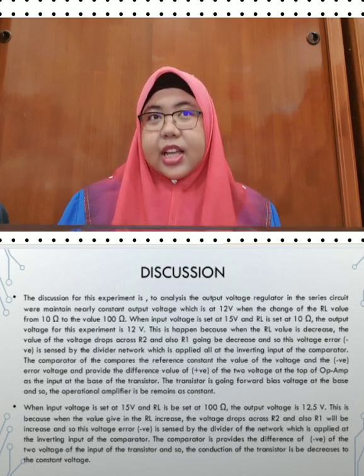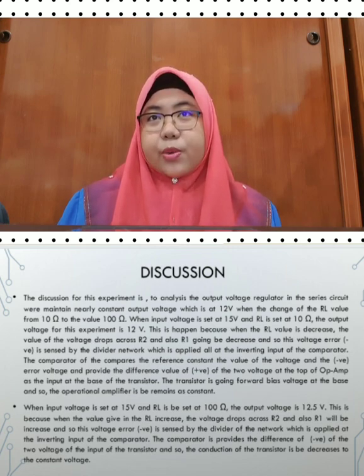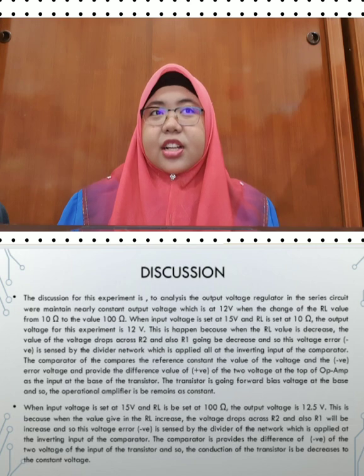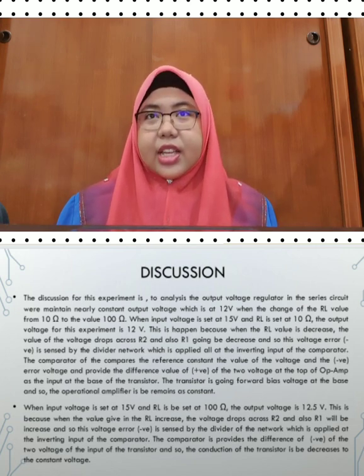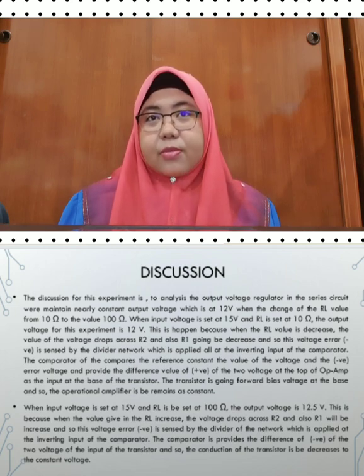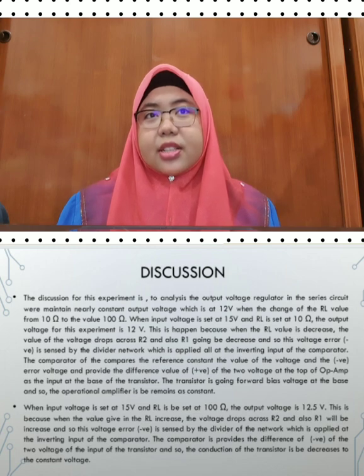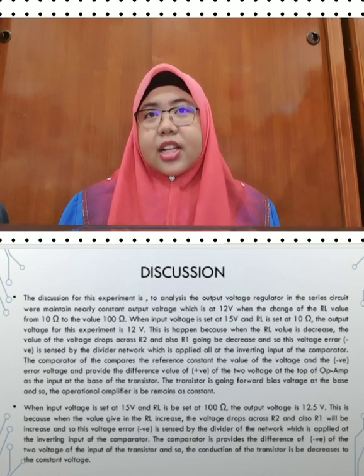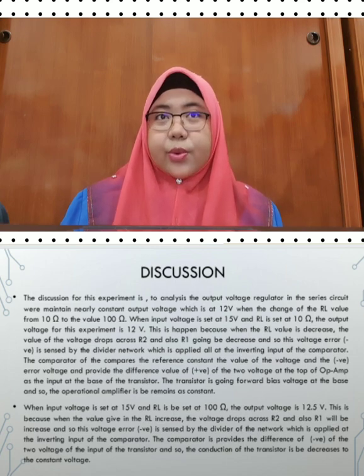When the input is set at 15 volt and RL at 10 ohm, the voltage drop across R2 and R1 is going to decrease, and the negative voltage is compared with the reference voltage.